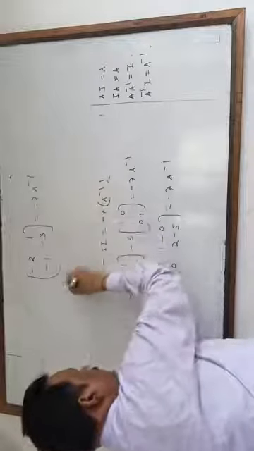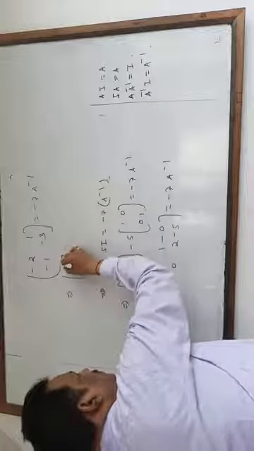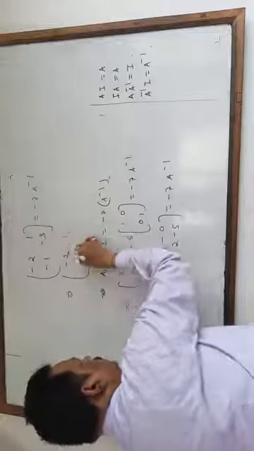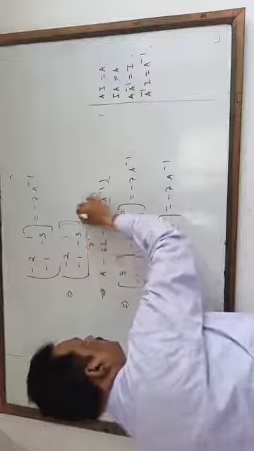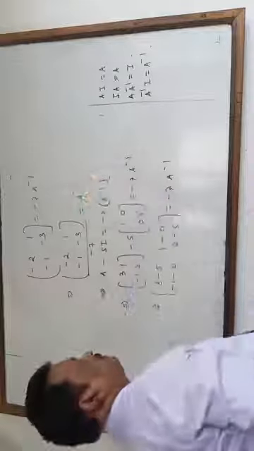This you divide here. Minus 2, 1, minus 1, minus 3 divided by minus 7 equals A inverse.